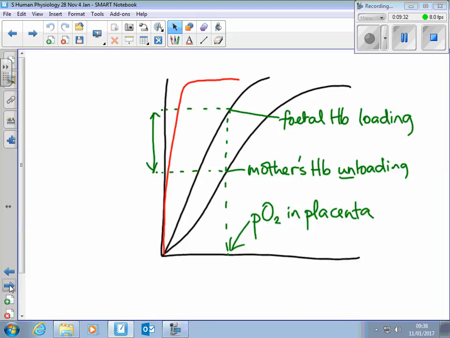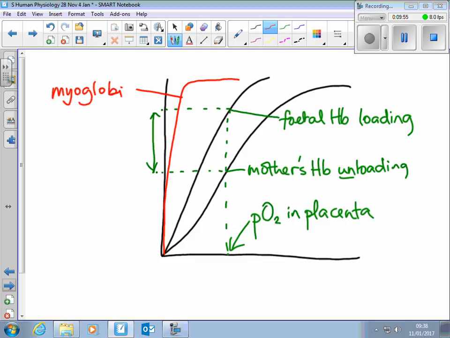And the other things that we met, you've got two other variations on a theme with the graph. We had the red line there represents myoglobin, and the myoglobin structure is like a single unit of hemoglobin. So hemoglobin's got these 4 subunits.